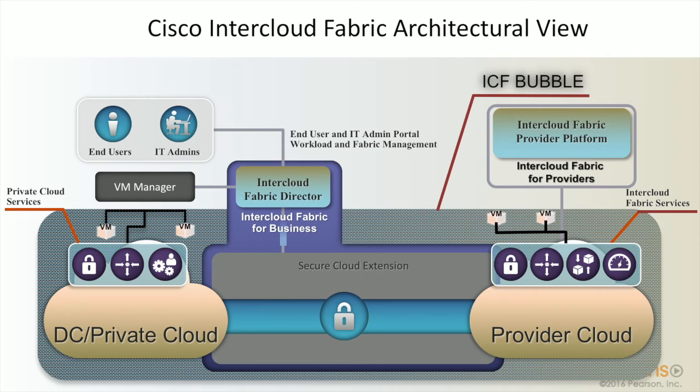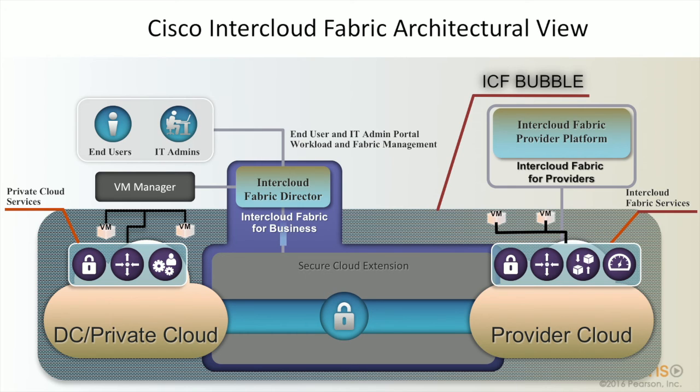Because the capabilities that we have within Intercloud Fabric allow you to create a layer 2 tunnel between your private data center and the public cloud, and you actually have cryptographic connections between your virtual machines using an ICF agent, which is really like a network interface that loads on the virtual machines in the public cloud, and it connects to the Intercloud extender, which is a virtual switch that's going to be sitting there in the provider's cloud.